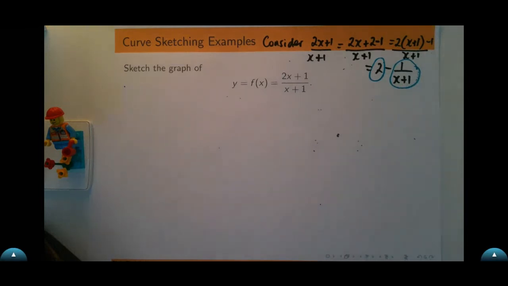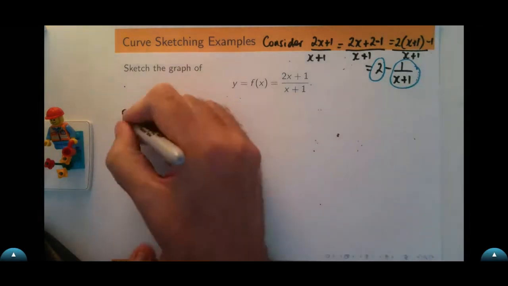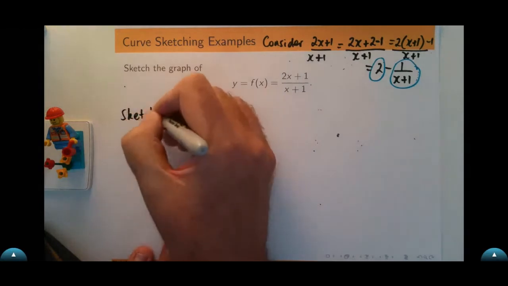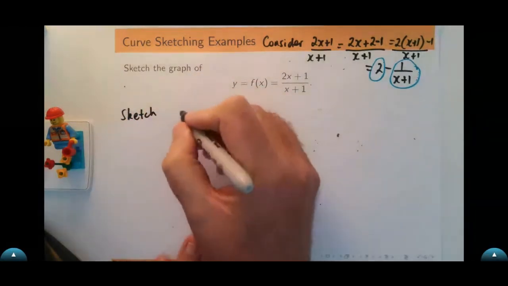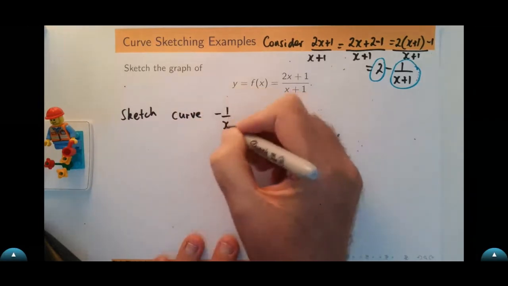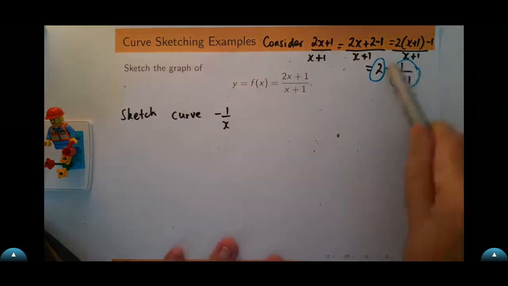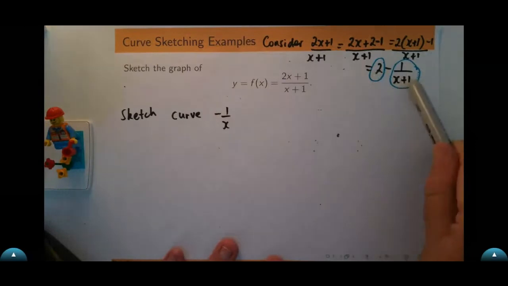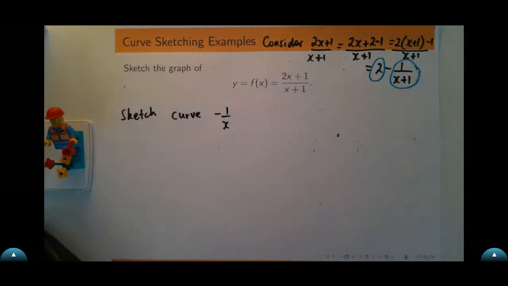So what we would like to do is I'm going to sketch the curve 1 on x. So that's a bit like this. So we'll forget the 2, forget the 1, right?